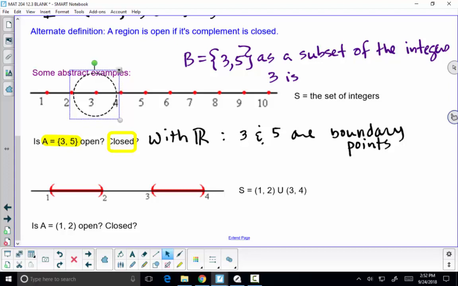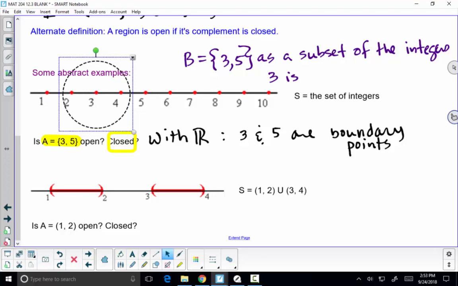So right here, that is a neighborhood of 3 that includes 3 numbers only. The stuff in between does not count because we are only considering the backdrop of integers. All those fractions are gone. The only numbers alive are the red dots.